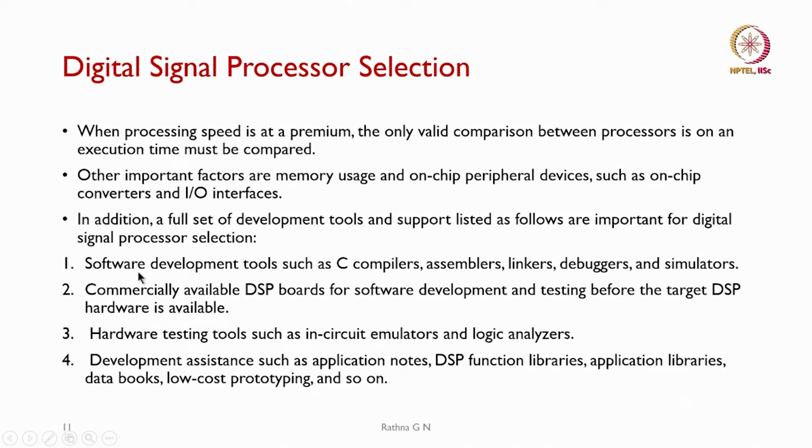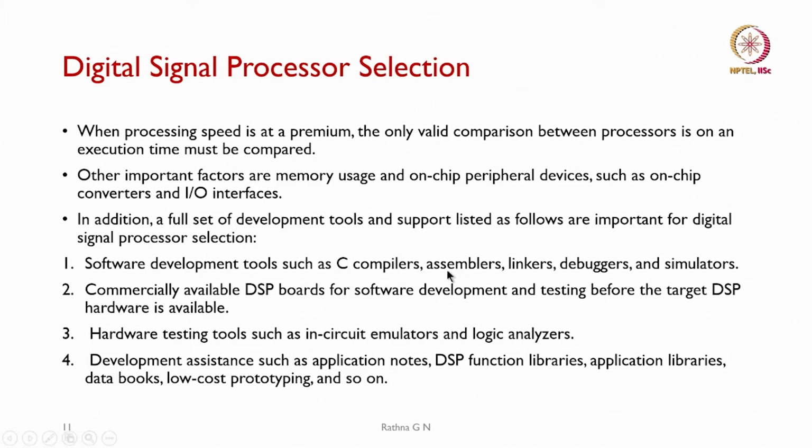The first one is the software development tools such as C compilers, assemblers, linkers, debuggers and simulators. C compilers, we know, are the higher-level software I need, so that I need not worry about the hardware on which I am going to run.